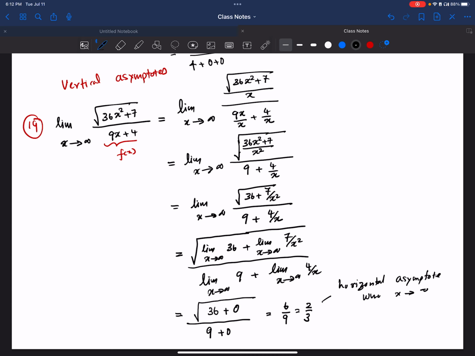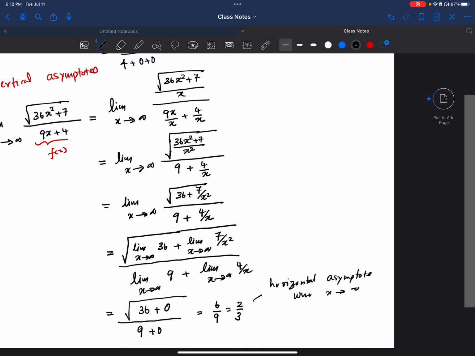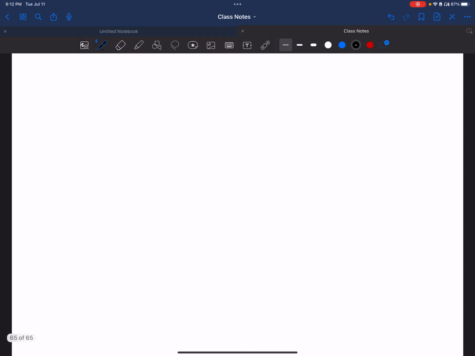And what happens when x goes to negative infinity? Now we have the same function. We get limit x goes to negative infinity of square root of 36x squared plus 7 divided by 9x plus 4, right?